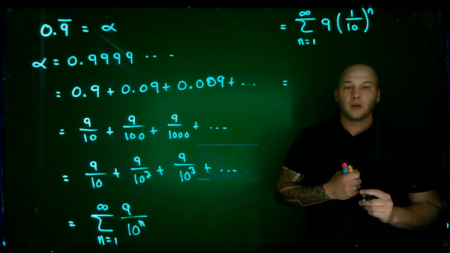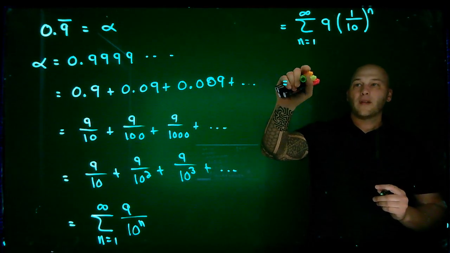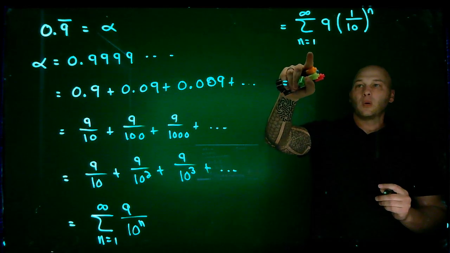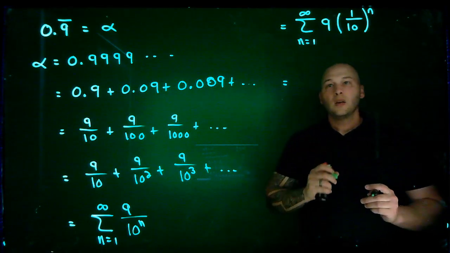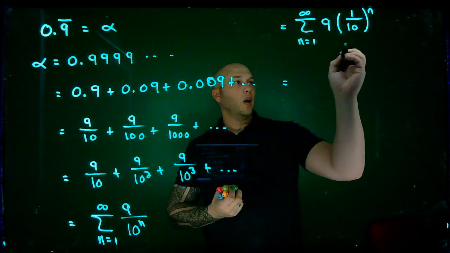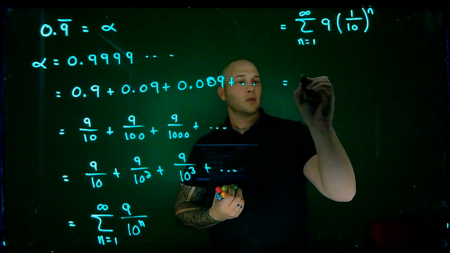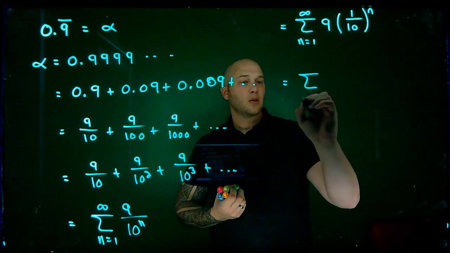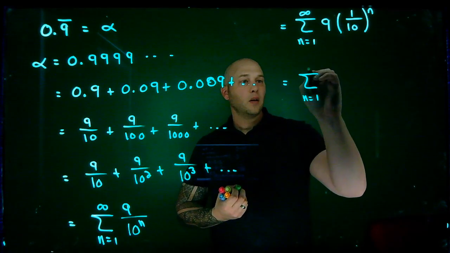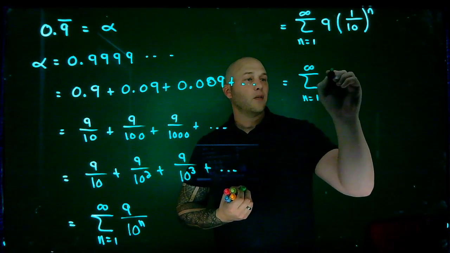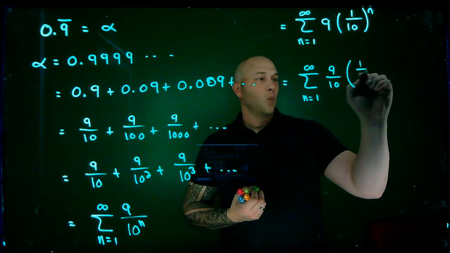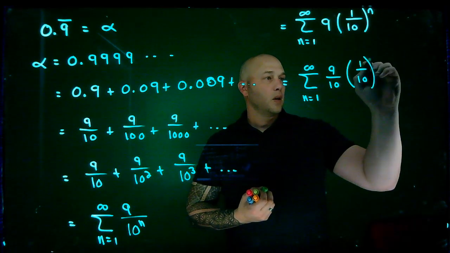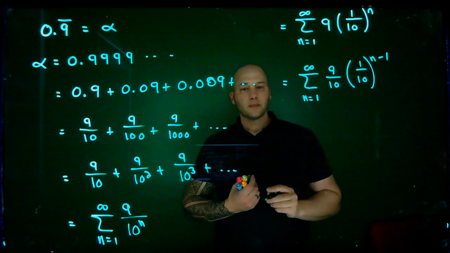And remember the geometric series, we usually have this as the sum from n equals 0 to infinity of a r to the n. So what I can do is I can pull off one of the terms, giving me the sum from n equals 1 to infinity of 9/10 times (1/10) to the n minus 1.